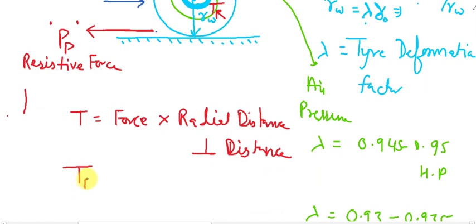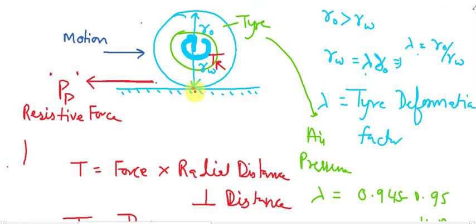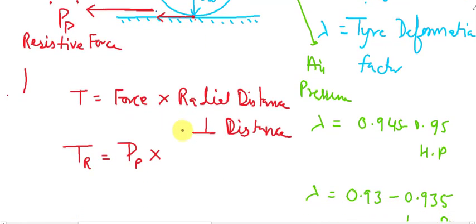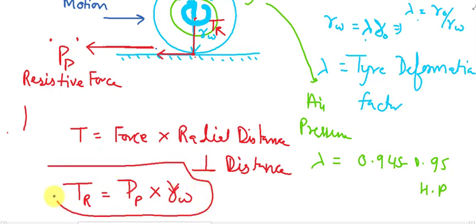In this case, the given torque is TR, and this will be equal to your force. The force is your resistive force PP, and the radial distance is taken from the point of contact, not from the top of the tire, because the resistive force is acting between the tire and the road surface. So the distance from the contact point is Rw. So this is your formula number 2.